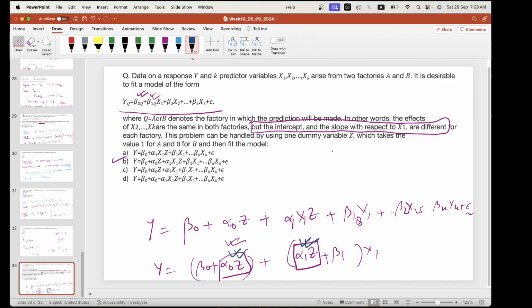Similarly, if they would have said that it also varies with respect to x3, then we would have added something alpha 3 z plus beta 3 into x3. Okay, so wherever it is varying, we are going to add that term, and then we are going to add an interaction term with a dummy variable at that position, and then go ahead for testing.